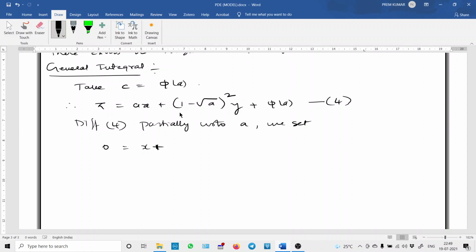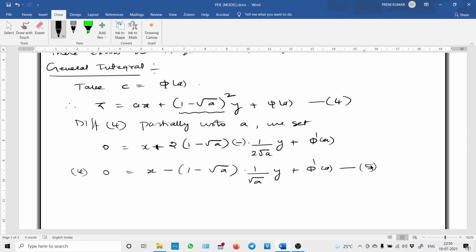This is the differentiation of c. Once again I will write it: 0 equals to x, and this minus sign I can put in the beginning. These two get cancelled, so 1 minus square root of a into 1 by square root of a times y plus phi dash of a. I name this equation as 5.